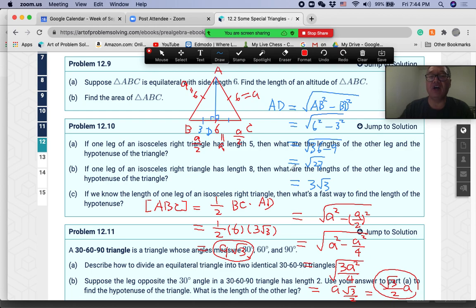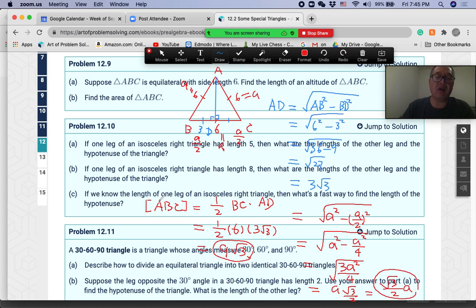They give you an equilateral triangle. Suppose each side is maybe A, maybe they use a letter B, maybe X. Then you know the altitude of this equilateral triangle will equal root 3 over 2 times the side length. Root 3 over 2 times A.